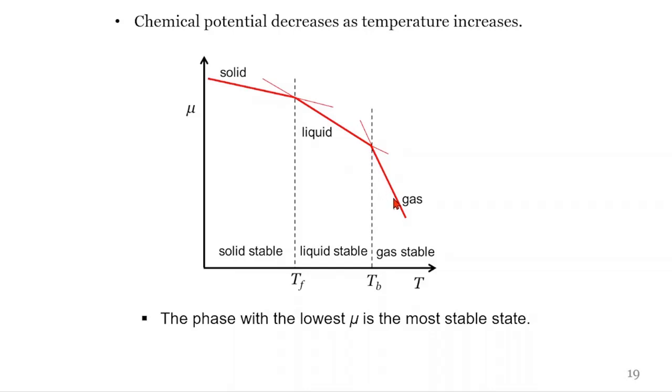Further increment in temperature leads to the chemical potential decreasing, leading to the gaseous state being more stable. In summary, the phase with the lowest chemical potential becomes the more stable phase.